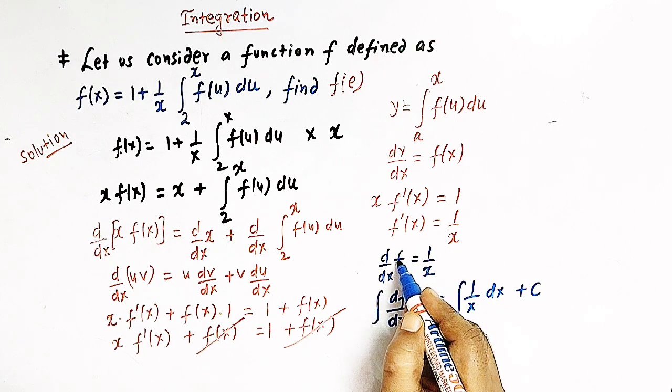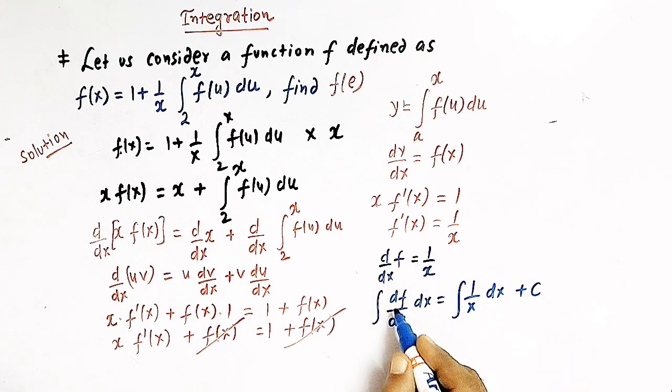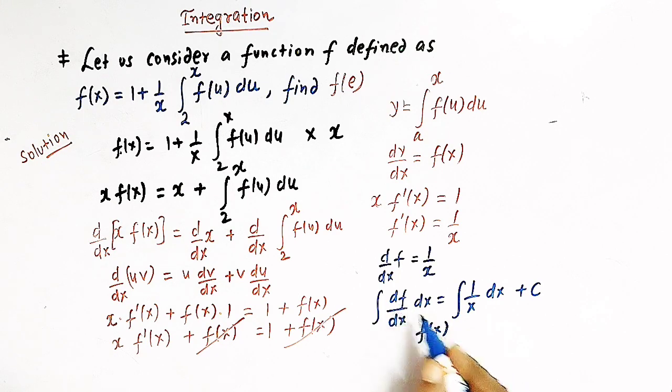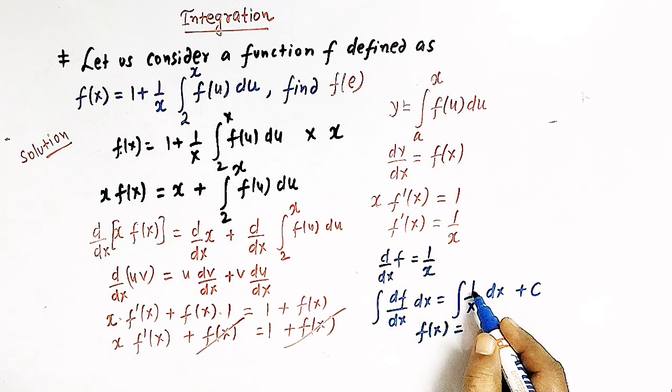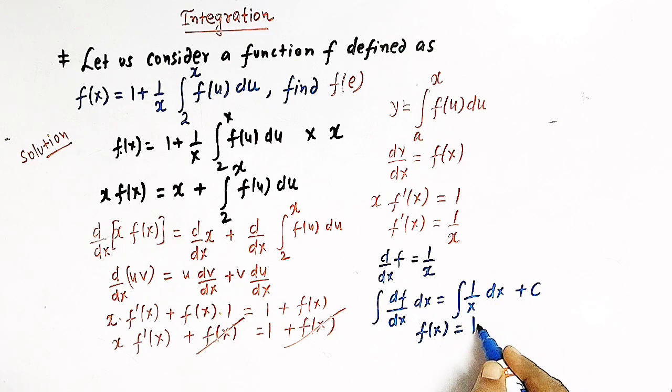So here we have simply f of x, and the integral of 1 over x dx is simply natural log of x, and c is the constant of integration.